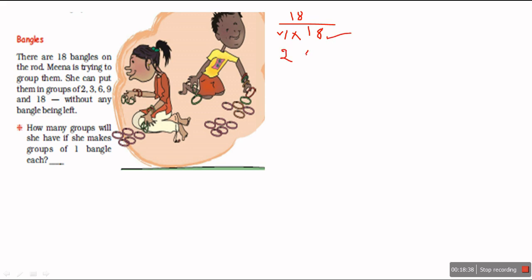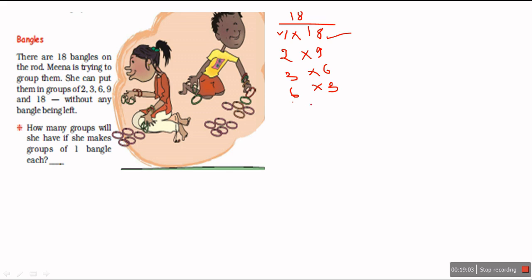Groups of 2 bangles, so there will be 9 groups, 9 twos are 18. Groups of 3 bangles, 3 sixes are 18, so 6 groups. 4 is not a factor of 18. 5 is not a factor of 18. 6, 6 threes are 18. 6 bangles at a time, so 3 groups.